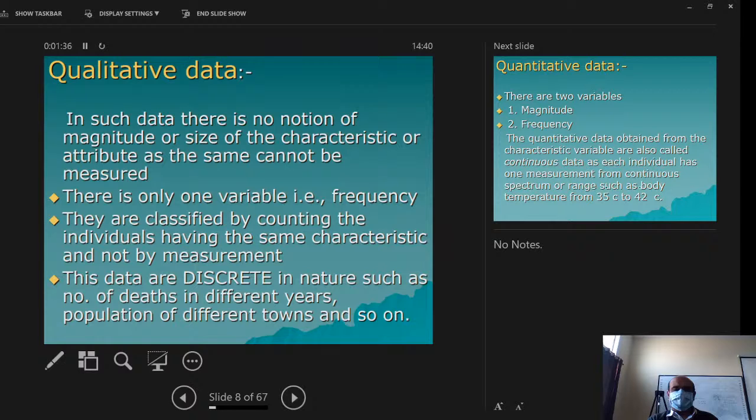There is only one variable, frequency, which can be measured. They are classified by counting the individuals having the same characteristics and not by measurement. These data are discrete in nature, such as number of deaths in different areas of the population and population of the town.